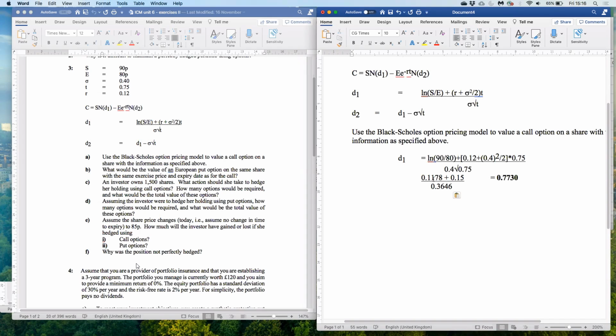It is 0.1178 plus 0.15 divided by 0.3646, which equals 0.7730. The next step is to calculate D2 based on this formula.